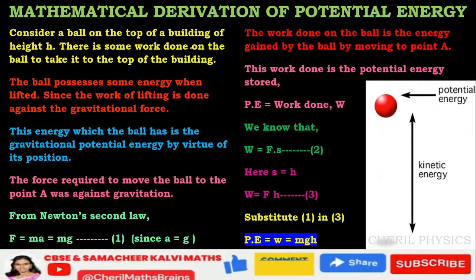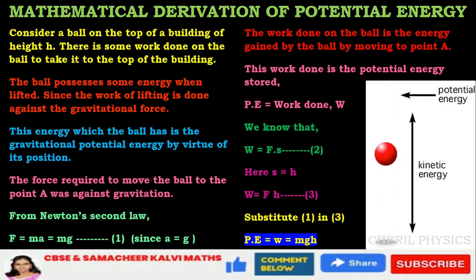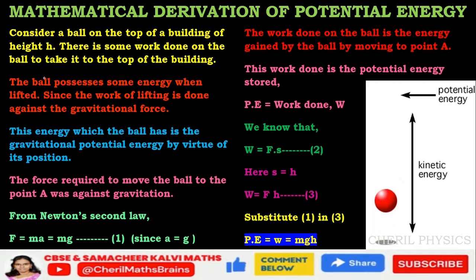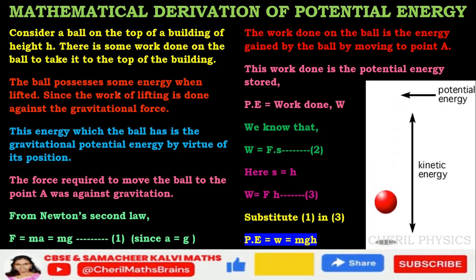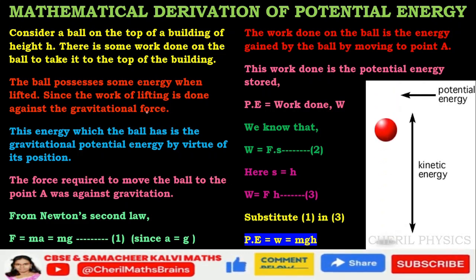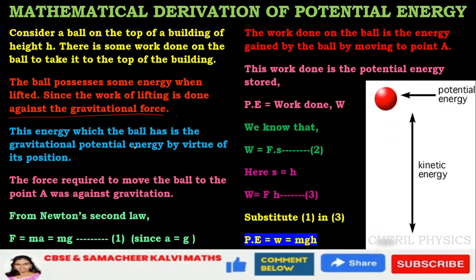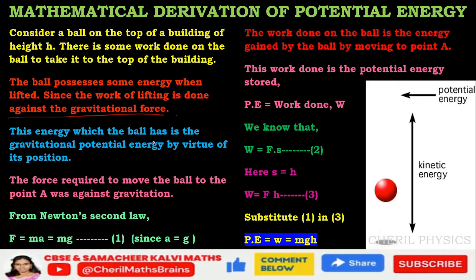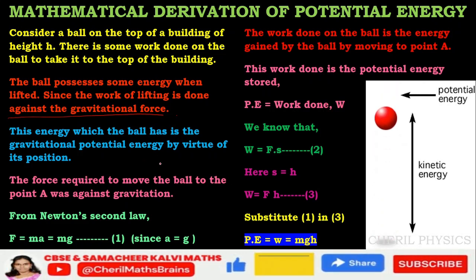Now let's get into the derivation. We are considering a ball on top of a building of height h. Here you can see there is some work done on the ball. So the ball has some energy when it is being lifted. How is the ball lifted? The ball is lifted against the gravitational force. So the ball is going to have gravitational potential energy.